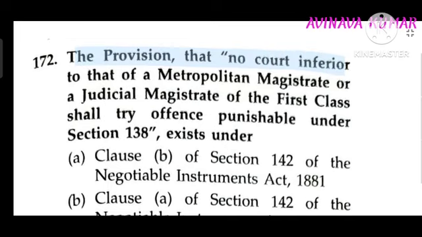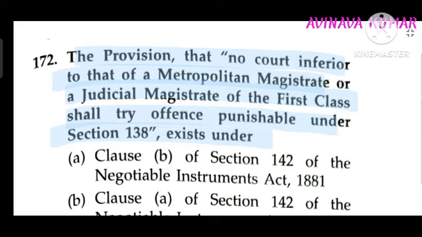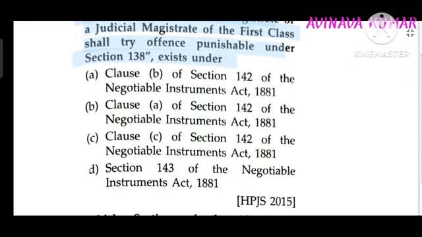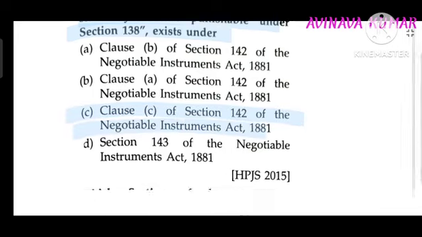The provision that no court inferior to Metropolitan Magistrate or Judicial Magistrate of First Class shall try the offence punishable under Section 138 exists under Clause C of Section 142 of NIA.